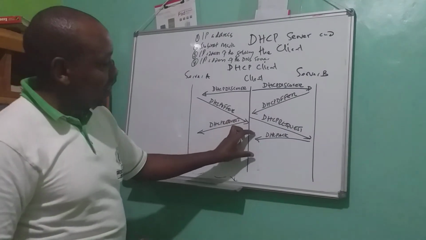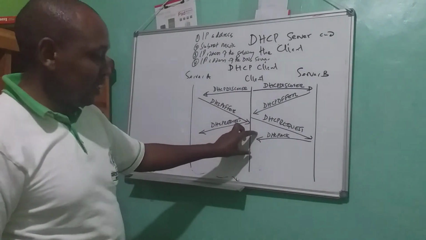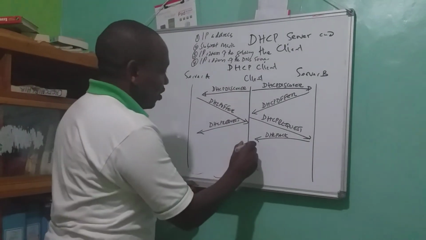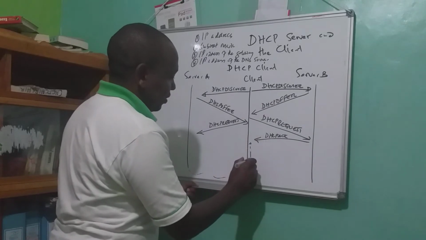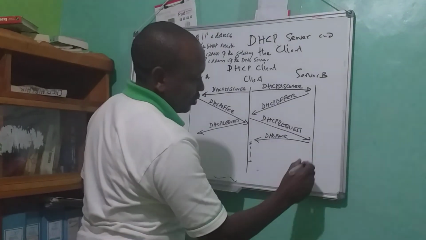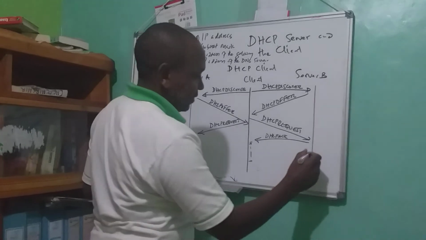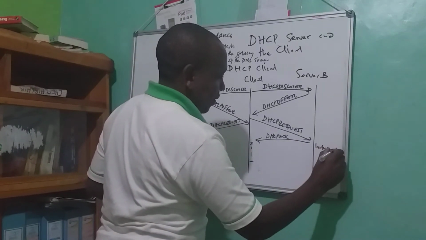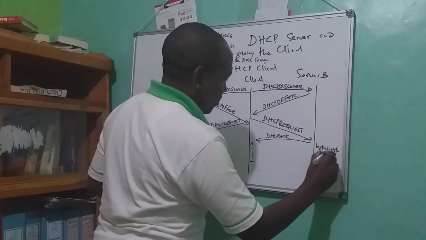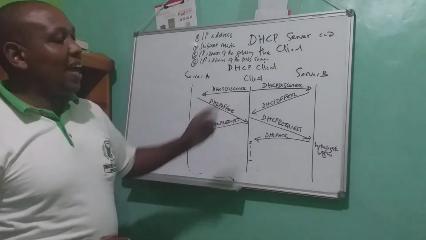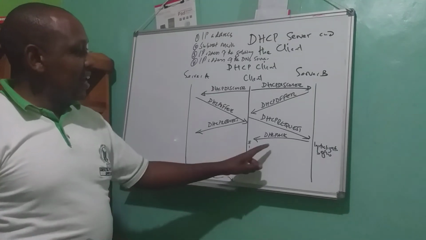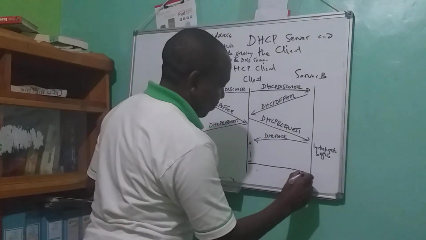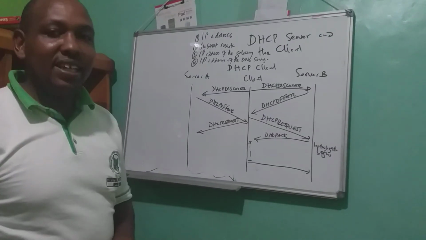So the lease time now begins. The initialization begins. This client can now be connected to the network and to the internet. Once the client no longer requires these parameters, it can send back the parameters using the message DHCP release.